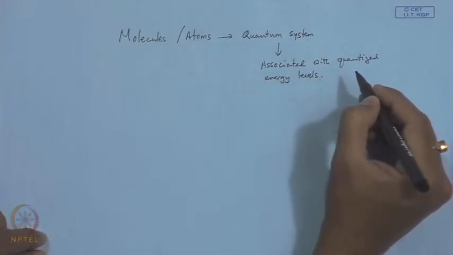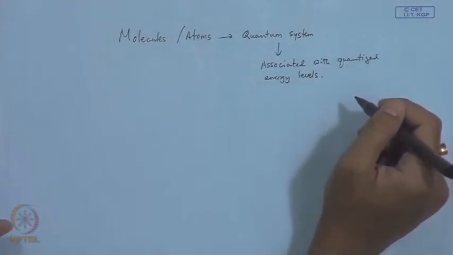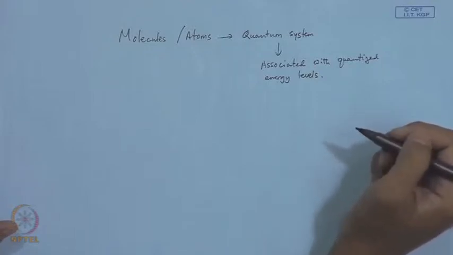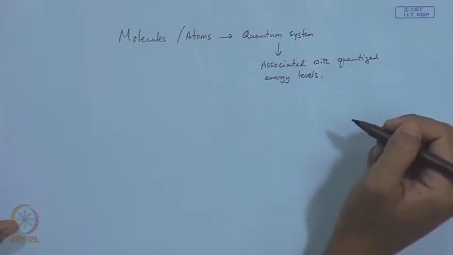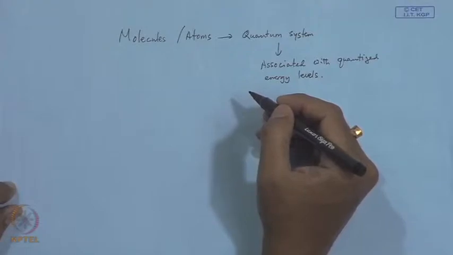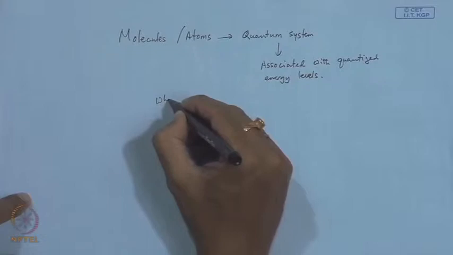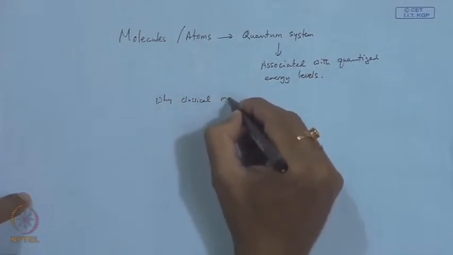Next question, if these molecules, that is the interacting entities, are quantum systems, then why should we use classical theory? Why not directly apply quantum theory to such cases? Okay. Why a classical model?